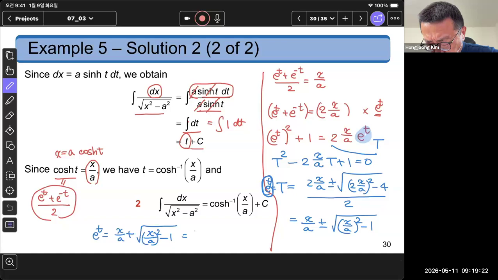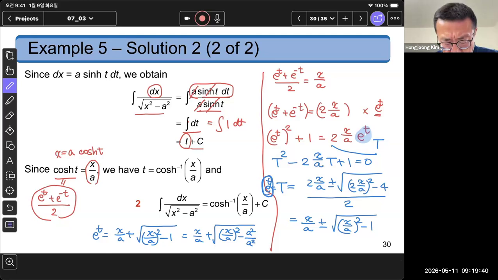or 1 is a squared minus a squared, right?